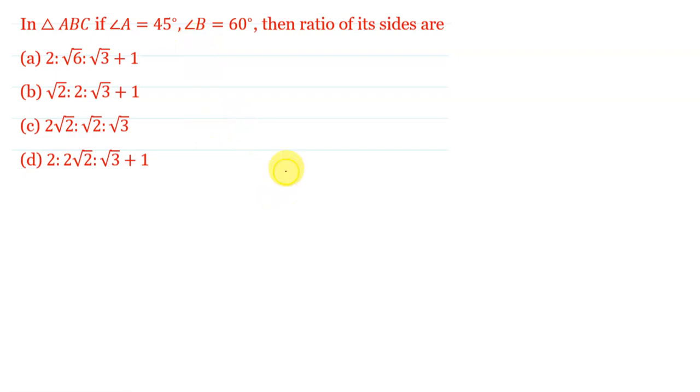As angle A is equal to 45, by using the sine rule, we have here a upon sine of A is equal to b upon sine B is equal to c upon sine C. Now here a upon sine A means what?